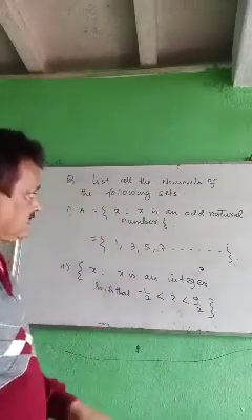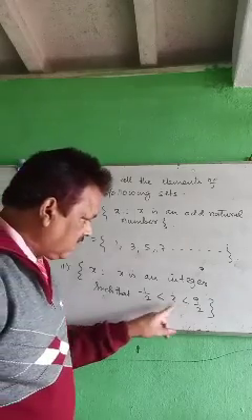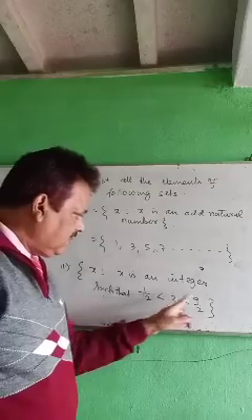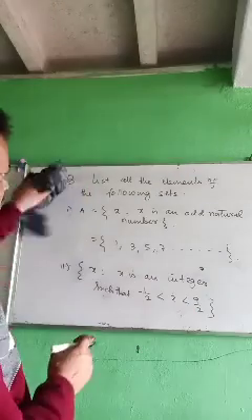Look here. When equality is not there, these two are not considered. That means between these you have to find out. Okay, see the number line.